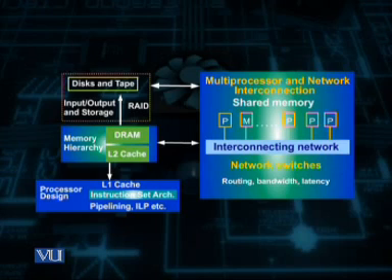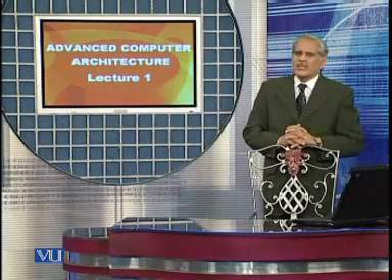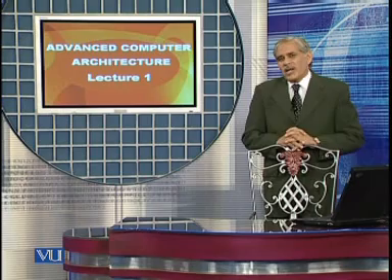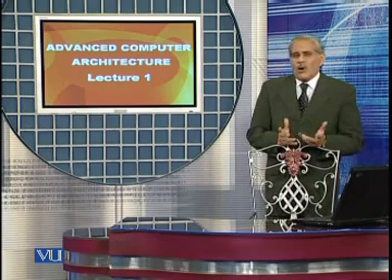For this purpose, different types of concepts are implemented, such as the shared memory system, in which there is only one memory unit, but it is shared by more than one processor. However, other architectures and other issues have to be taken into consideration. These issues deal with how coherency has to be established between different programs, how the memory is to be shared, and what the impact of this memory sharing is on the performance of the system.